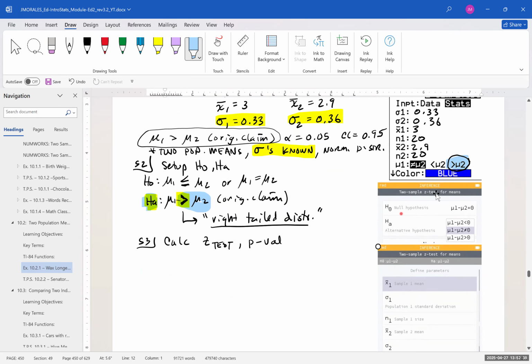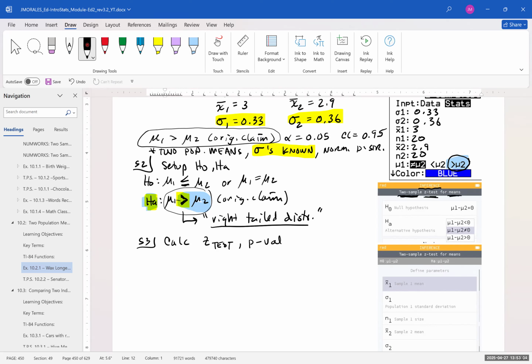With the NumWorks calculator, we're going to be in the inference app looking at a 2-sample z-test for means. And remember what I was telling you earlier about converting an alternate hypothesis into this other form.